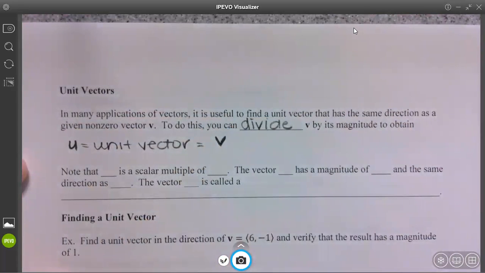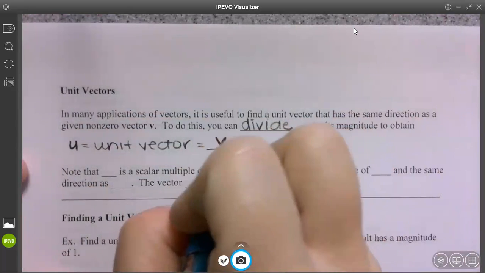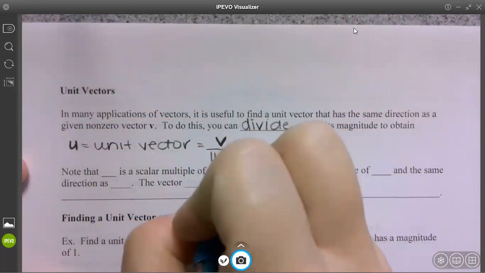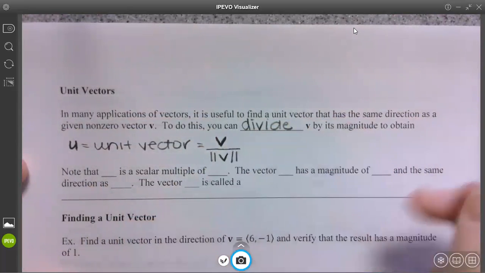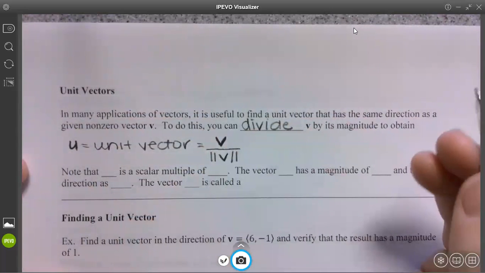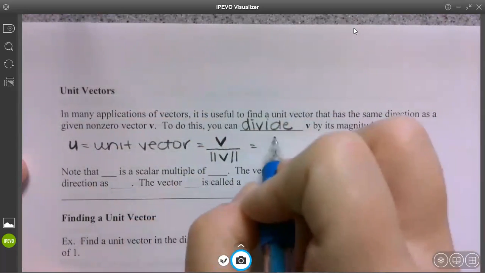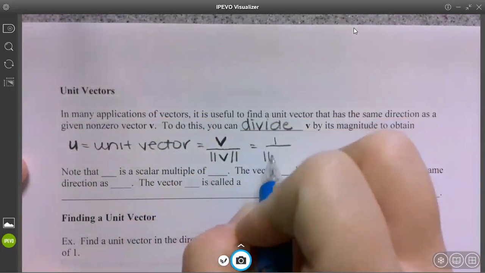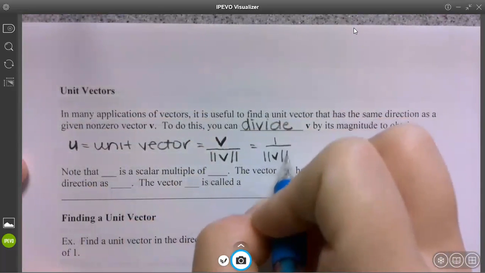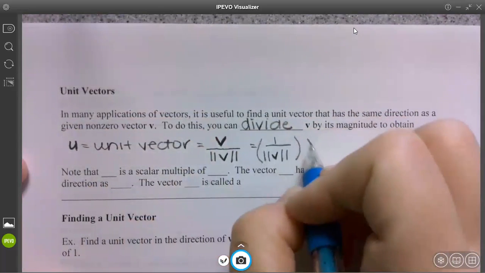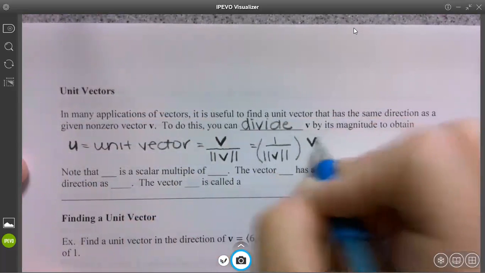And we could find the unit vector by taking V and dividing it by its magnitude. And then we can split up fractions, remember, just like this.